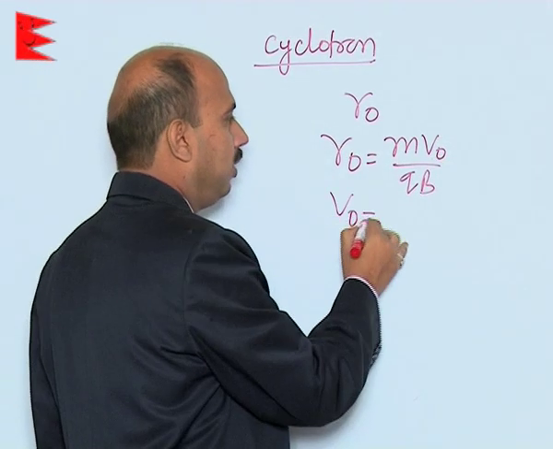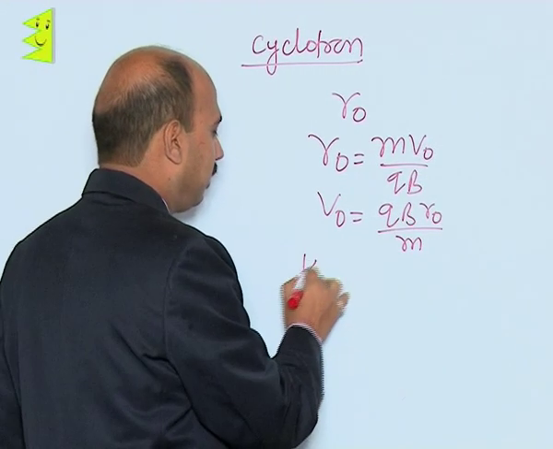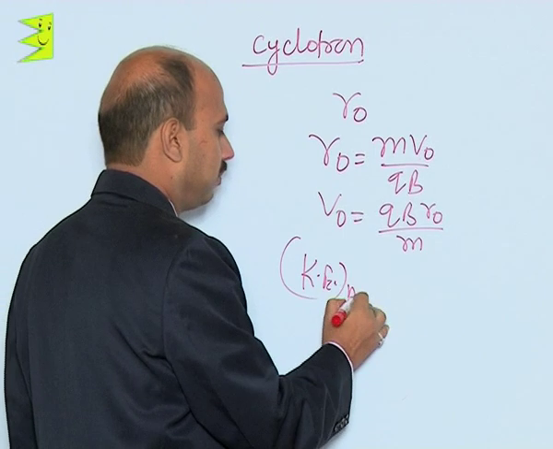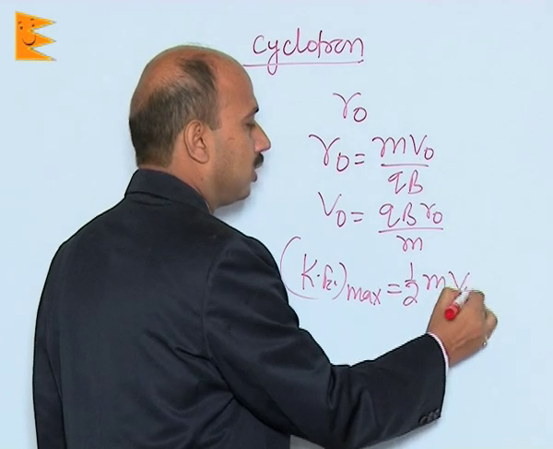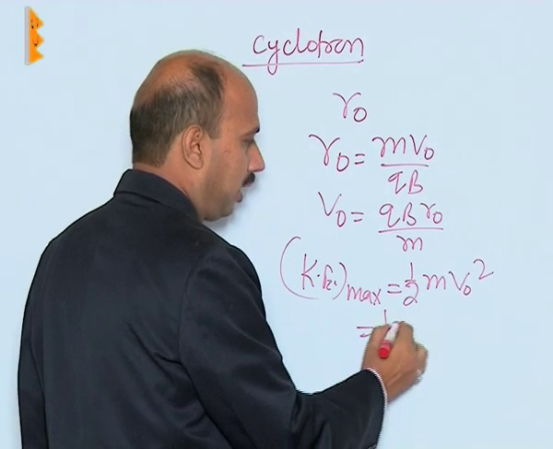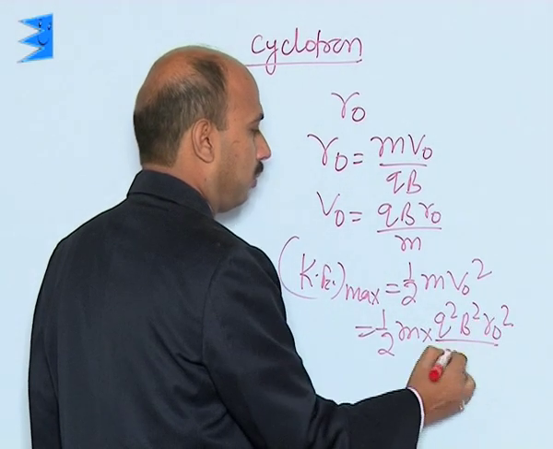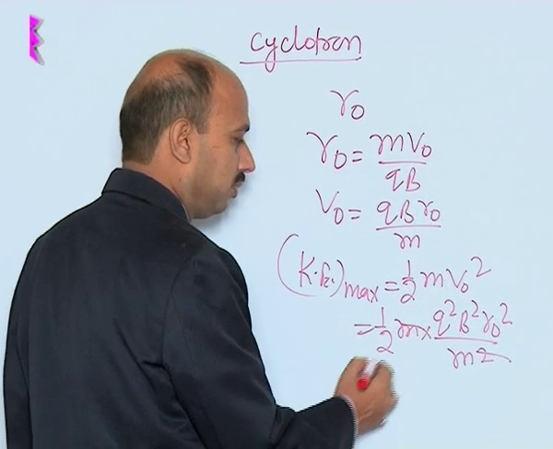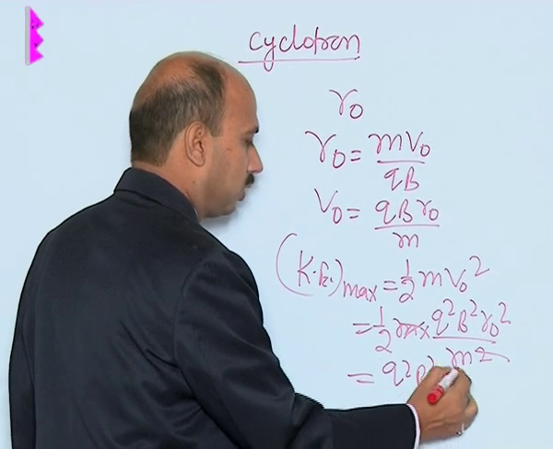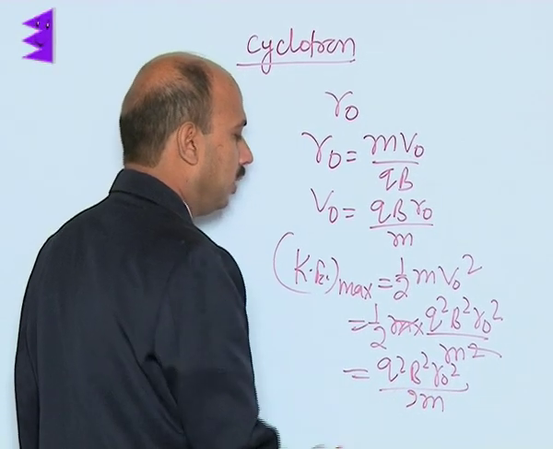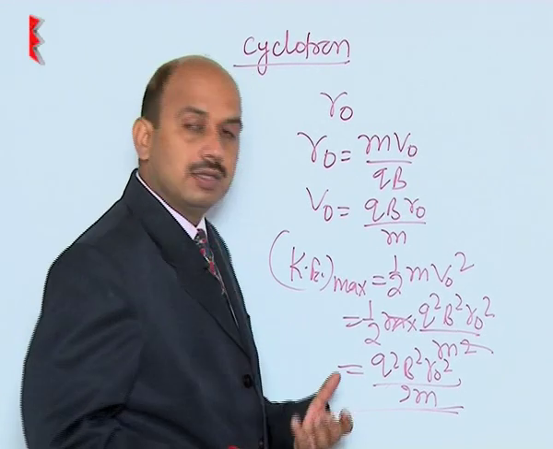So we can write v naught is equal to qB r naught upon m, and then the maximum kinetic energy can be written as half m v naught square, and this is half m into q square B square r naught square upon m square. This m will get cancelled. So you will get q square B square r naught square upon 2m. So this is the maximum kinetic energy of the charged particle in the cyclotron.